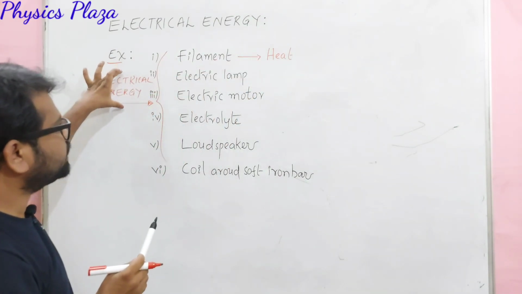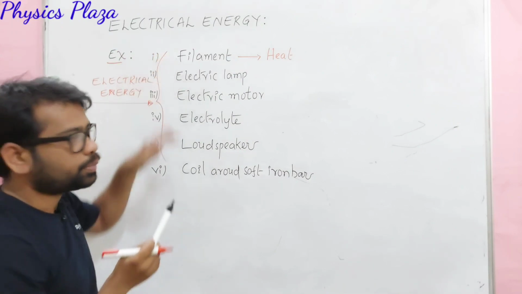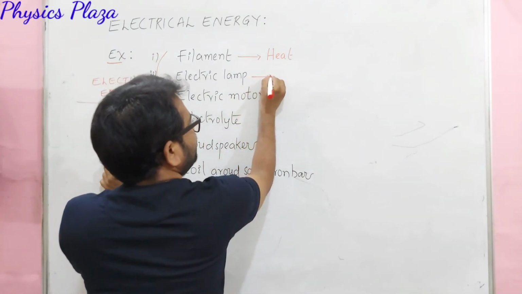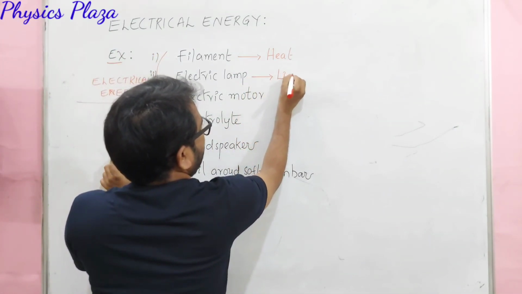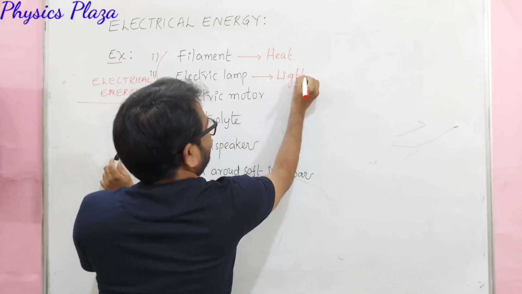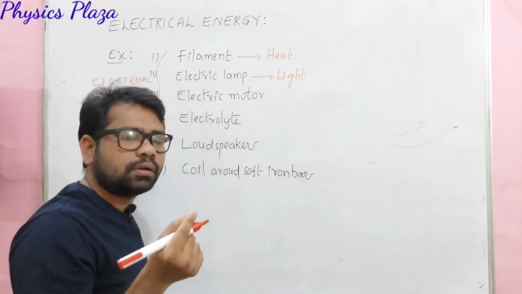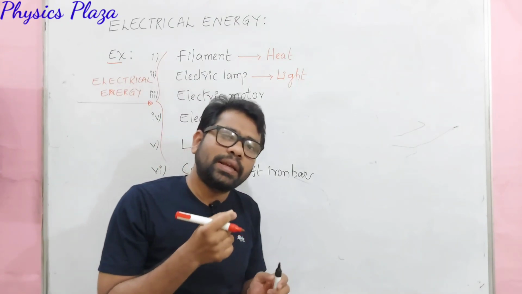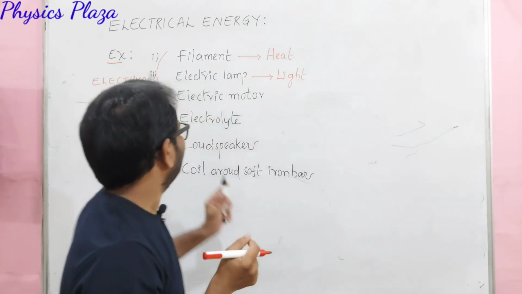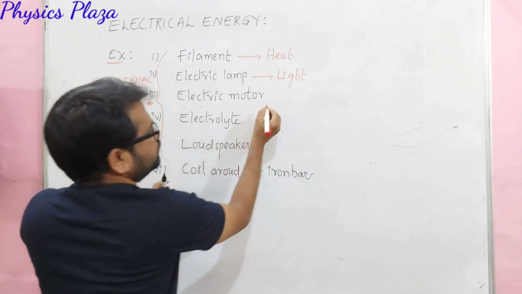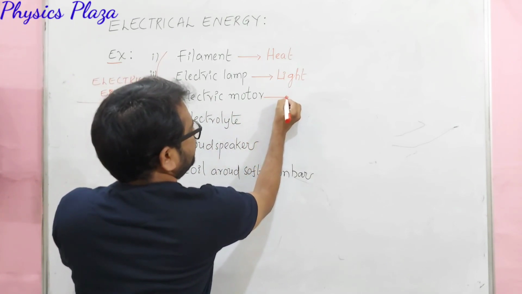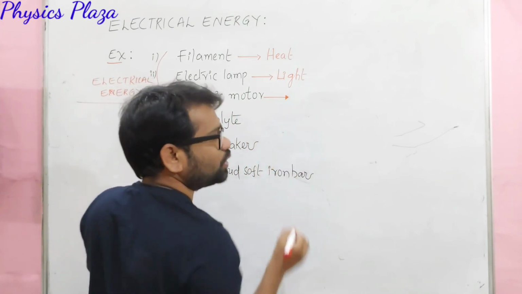If the same electrical energy passes through an electric lamp, we mainly get light energy. It gets converted into light. Of course, some part again gets converted into heat energy also, but when we compare it with the light energy, that heat energy is negligible. Whereas in an electric motor, first think, dear children, where can we use electric motors?